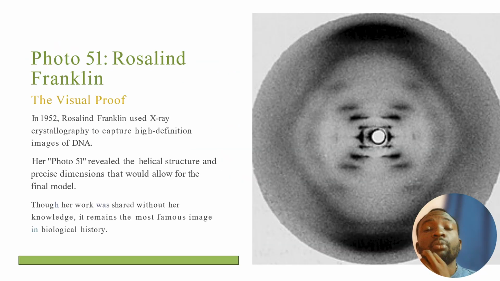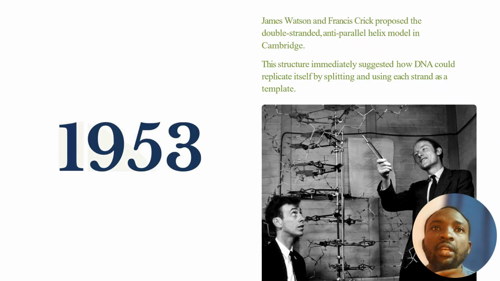In the next slide we have this photo called Photo 51 by Rosalind Franklin. This photo revealed the helical structure in X-rays and precise dimensions that would allow the final model for DNA. Rosalind's work was shared without her knowledge, and it remains the most famous image in biological, specifically genetics, history.